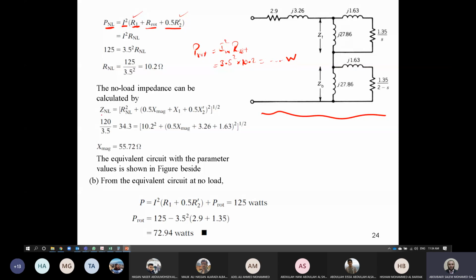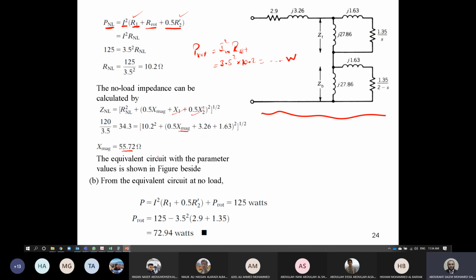So finally, Z no load equals the square root of R no load squared plus the imaginary part squared, where the imaginary part is 0.5 X mag plus X1 plus 0.5 X2 prime. And we have these two values previously determined, so we can calculate the value of X mag. And finally, this will be the value of the magnetization reactance.